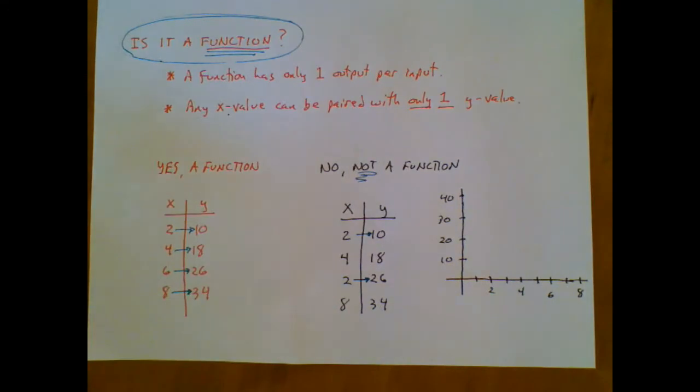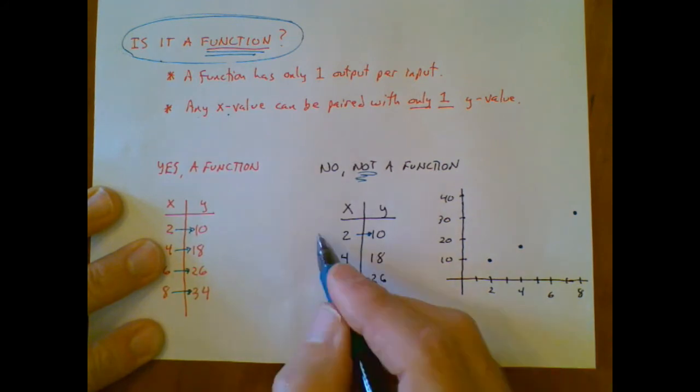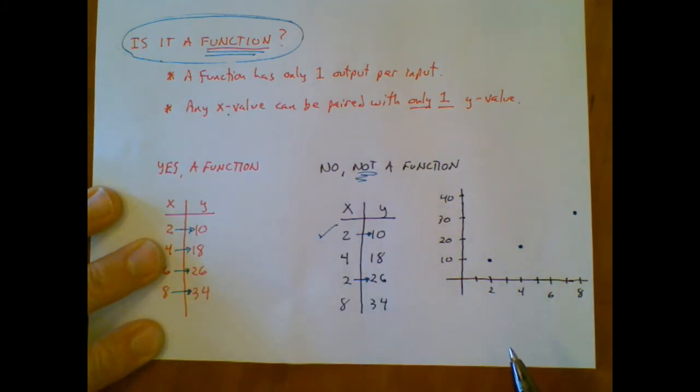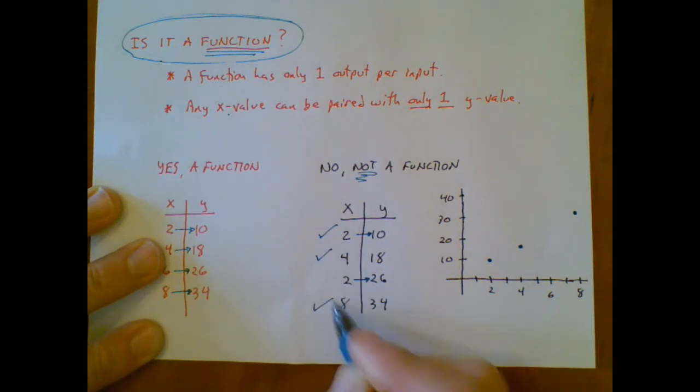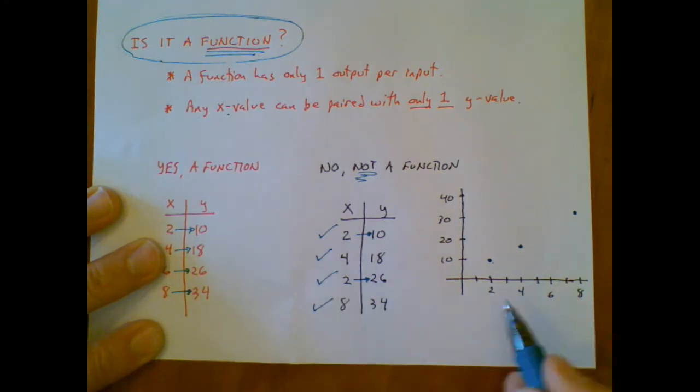I'm going to graph this for a second, so hold on. I've graphed 3 of the points: the (2, 10), the (4, 18), and the (8, 34). I haven't graphed the (2, 26), but I'm about to do that.